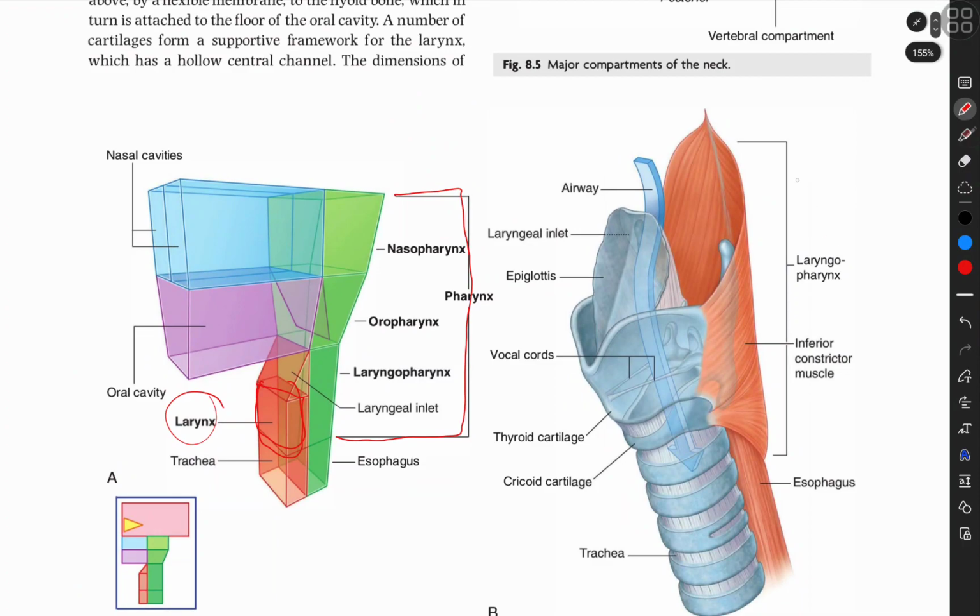The pharynx is the muscular wall, and the larynx should be here. They didn't label it, but this is the larynx.